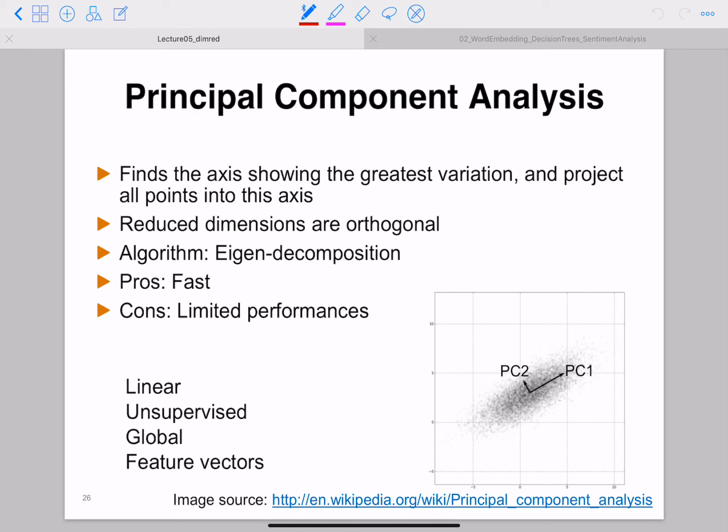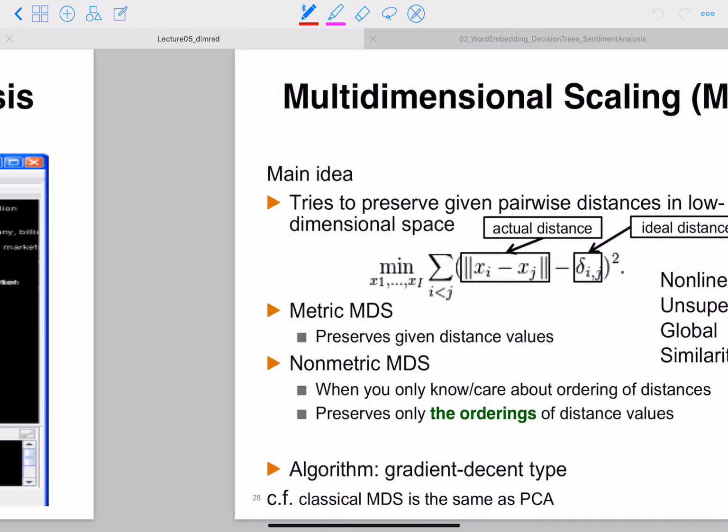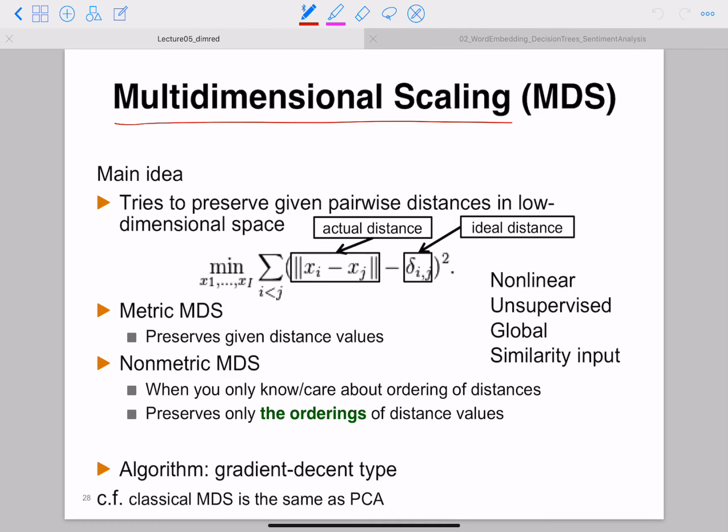This principal component analysis heavily involves linear algebra, in particular eigen decomposition and singular value decomposition. But I'm not going to go deeply into this topic in detail because it will take a lot of time. I'm going to give you some high-level understanding of principal component analysis from the perspective of multidimensional scaling.